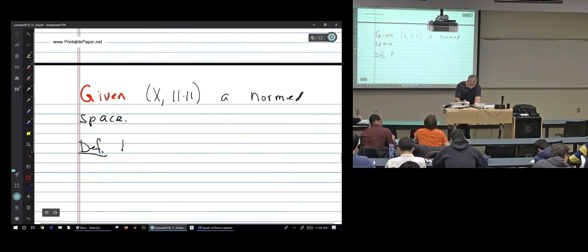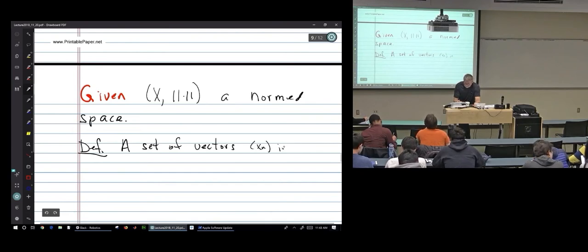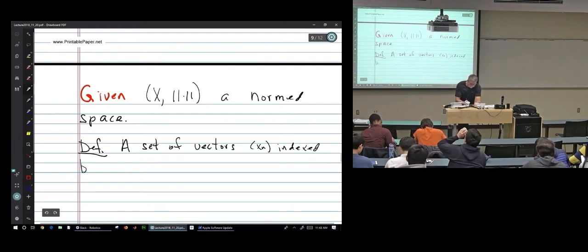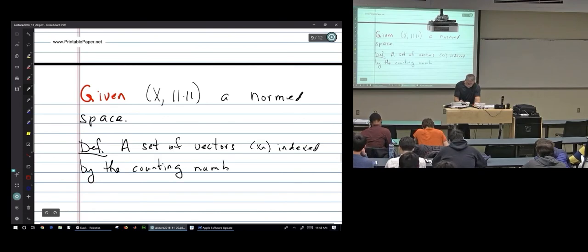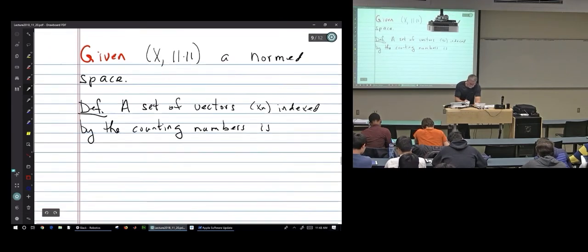Definition: a set of vectors x sub n indexed by the counting numbers is called a sequence.